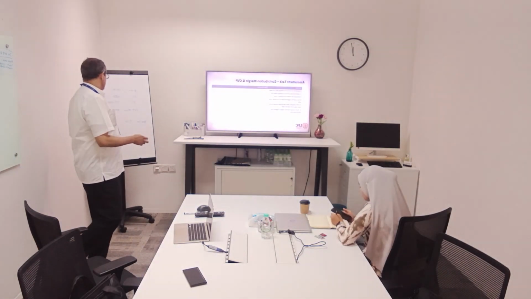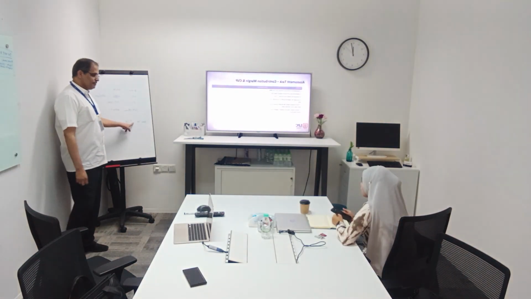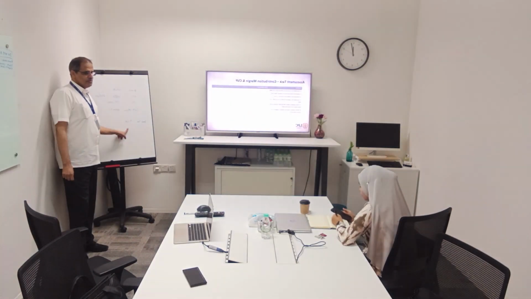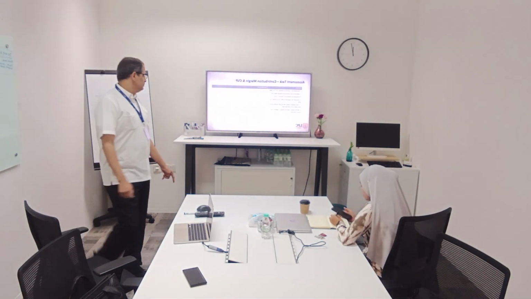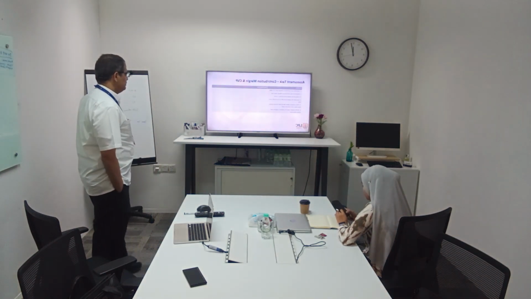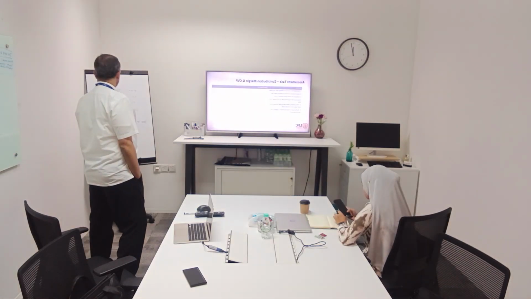Break-even volume in units. Which is the fixed cost? Fixed cost divided by contribution margin, which is 500 divided by 270.